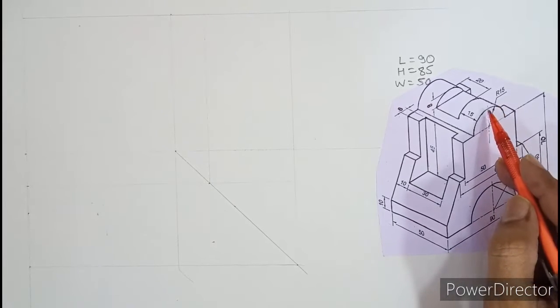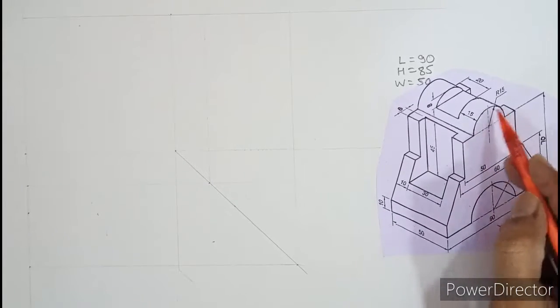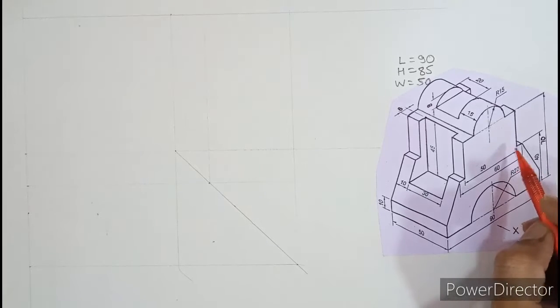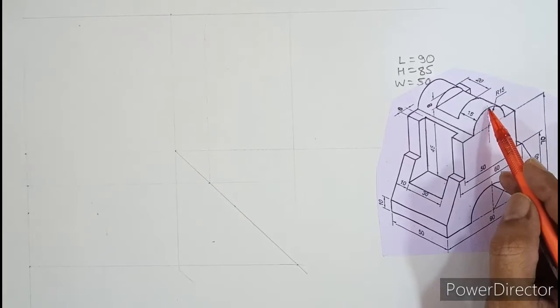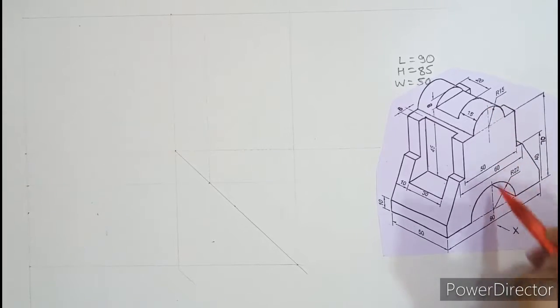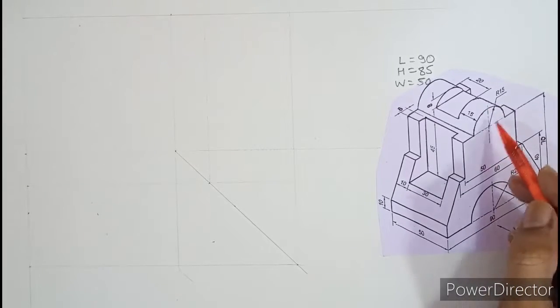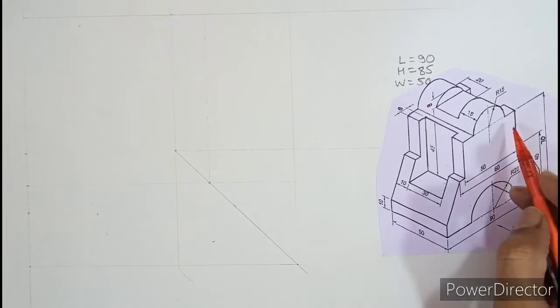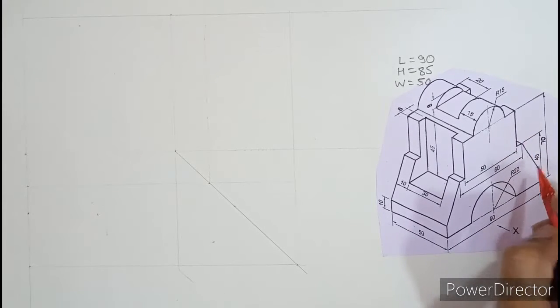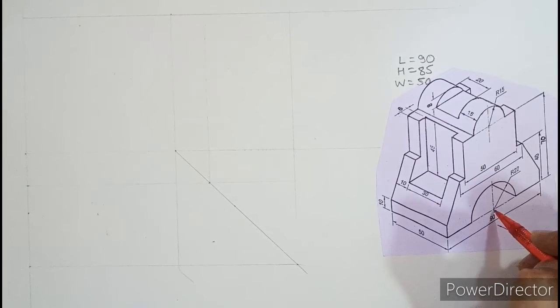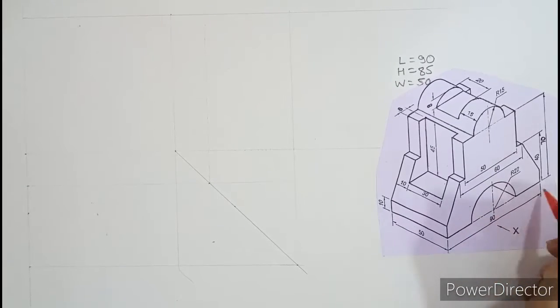So the entire object, see the left half is symmetrical with the right half. So the smart work is that first let us develop a line of symmetry and then copy one half of the object, and easily you can draw the next half. So the vertical line will be half of 90, that is 45.